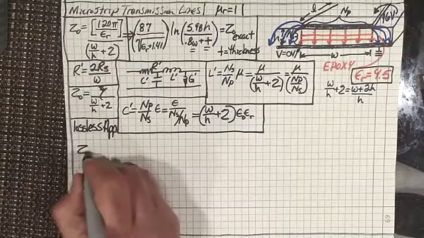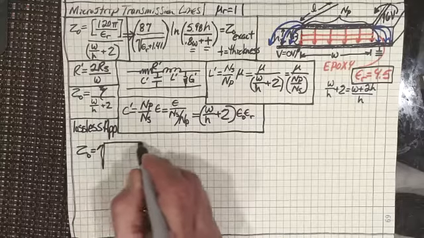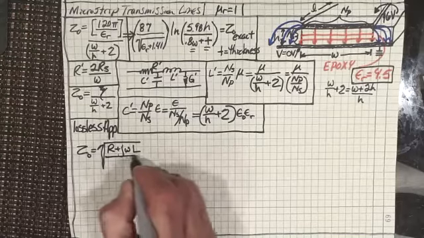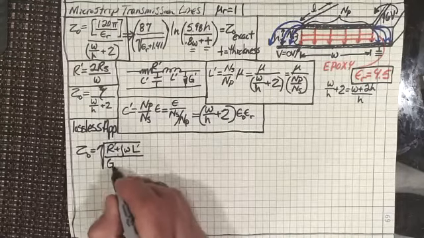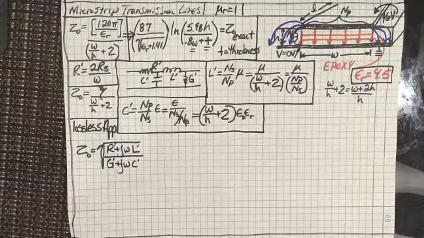Well, if you remember, I said that Z0 is equal to the square root of R plus J omega L, I derived this in an earlier lecture, divided by G plus J omega C. Right?